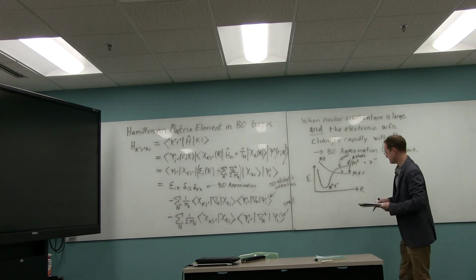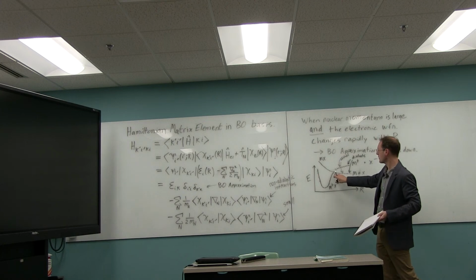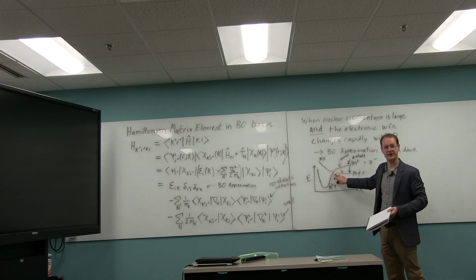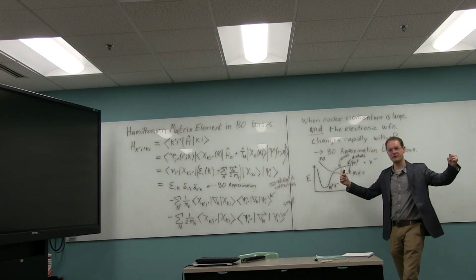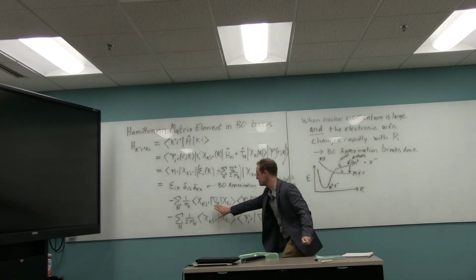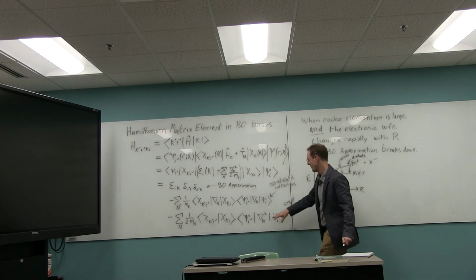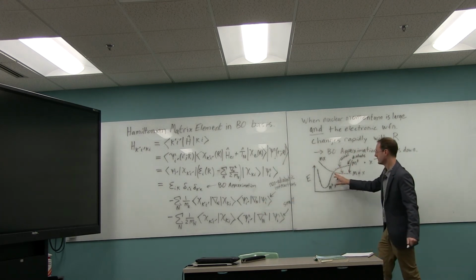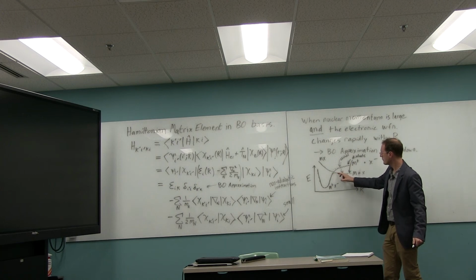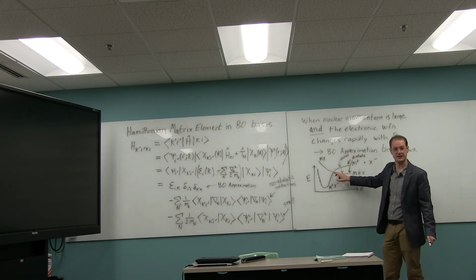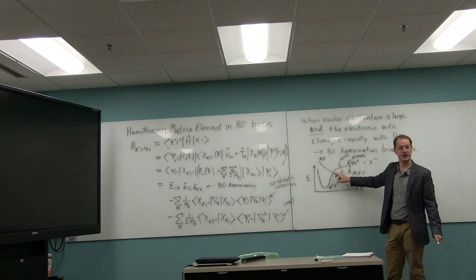Okay, so why does the Born-Oppenheimer approximation break down here? Well, assuming that the nuclei are going fast, so that this first condition is met, this first thing is large. The second thing, in this region, is going to be large because as you change R over this region next to this crossing, you have a large change in the character of the electronic wave function.